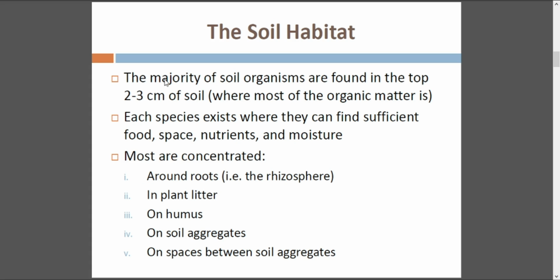Each species exists where it finds sufficient food, space, nutrients, and moisture. Within soil habitats, most organisms are concentrated around the roots, which we call the rhizosphere, in the plant litter, on the humus, on the soil aggregates, and in spaces between soil aggregates.